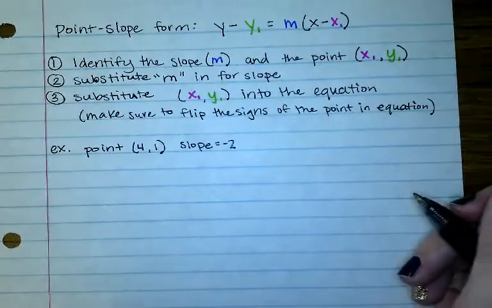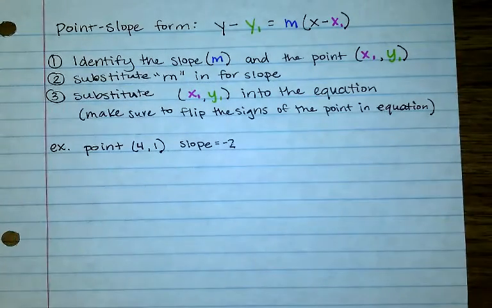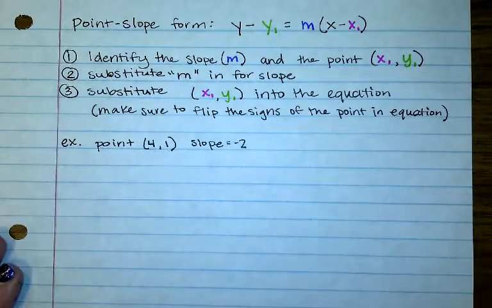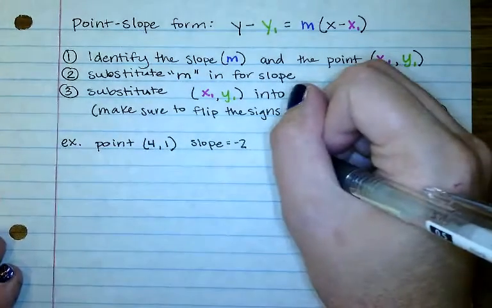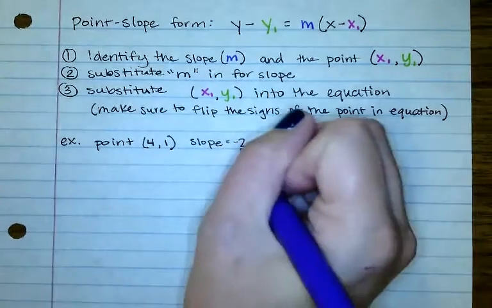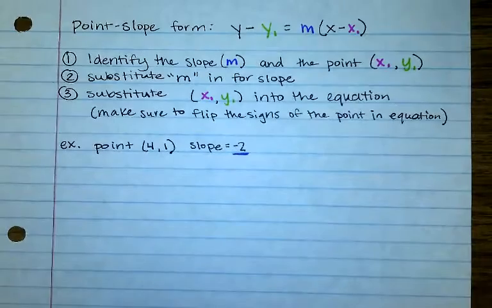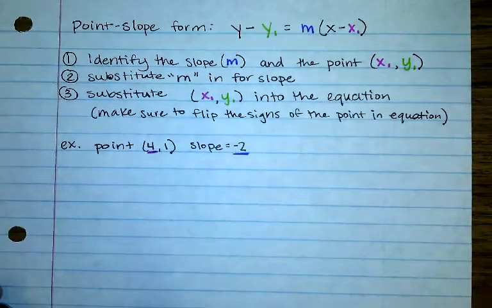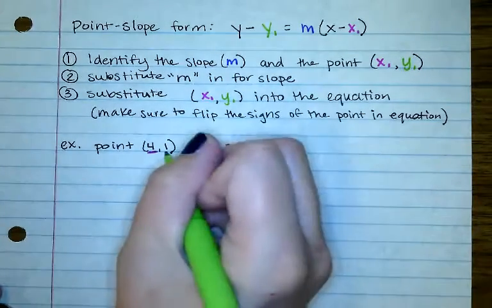So guys, we are going to need to use this point-slope formula. The first step is we want to identify the slope, which is -2, and our point, which is 4, 1. So 4 is my x1, 1 is my y1.